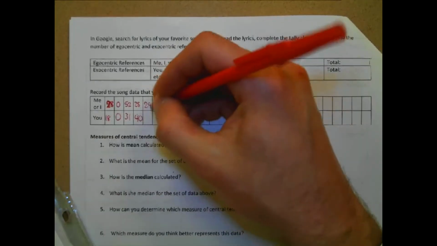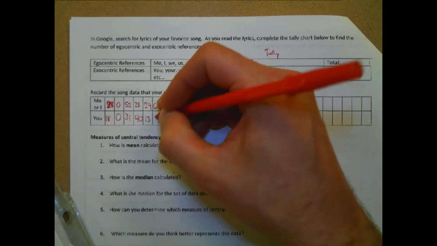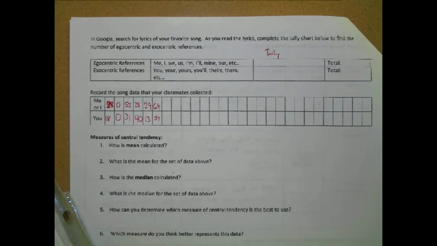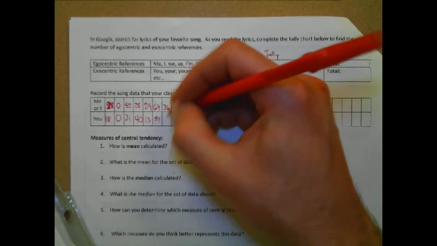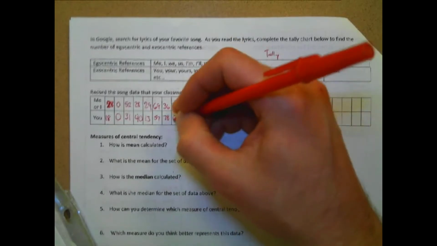Alyssa. 28 for the me's. And then how much for the you's? I still gotta do the other one. 29 and 13. Oh my goodness. 69 and 57. Thank you, Trey. I'm still working on mine. All right, keep counting.